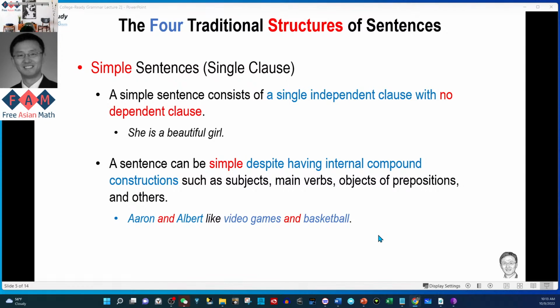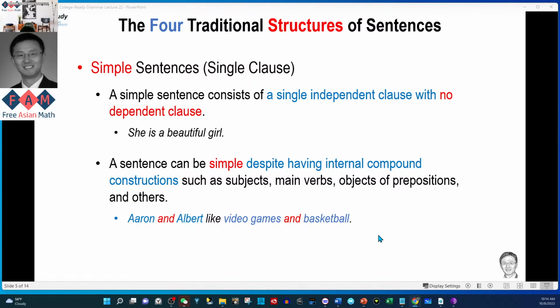Similarly, in the whole sentence, you can only find one verb, which is like, an action verb. It's not a be verb or linking verb. This is a transitive verb, like something. It needs an object. But here, the object is again a compound structure, video games and basketball.